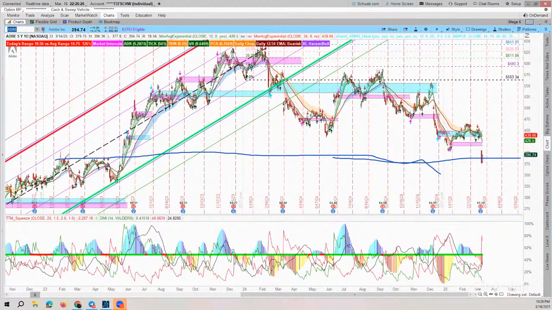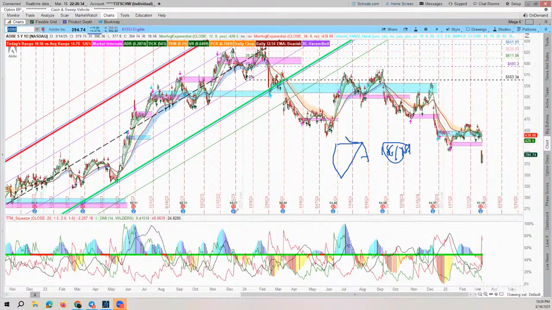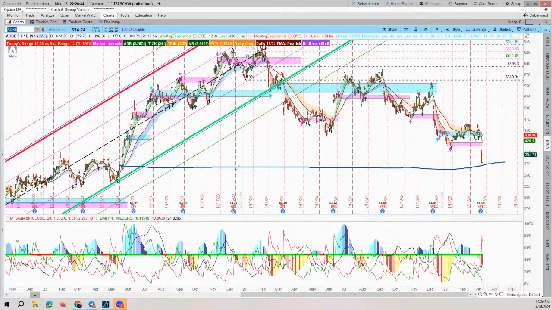There was a small gap right here. It filled that gap. This was the gap which was roughly filled. So this is an important juncture.